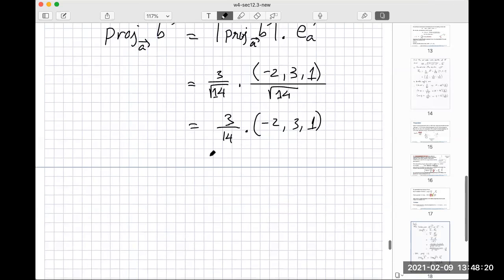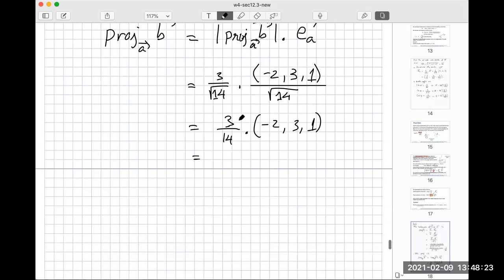The product of a scalar and a vector, it would be that scalar multiplied with all components of that vector, which means it would be the same as 3 times -2 divided by 14. The second term, what is it? Thank you. And the last one? Very good.